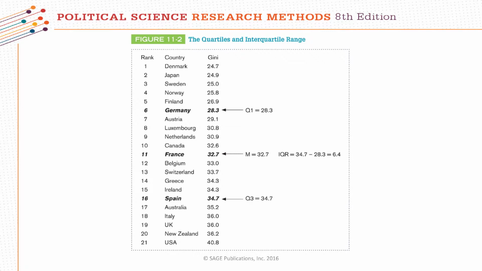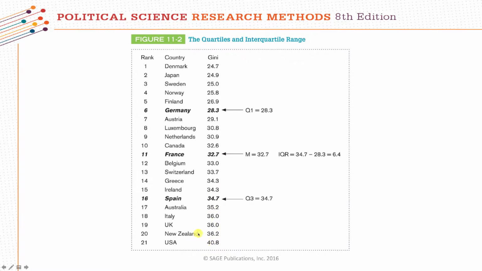Well, given that the interquartile range is 6.4, we understand that there's a relatively small window, a relatively small interquartile range. And so most states are lumped in around 32, with a very moderate gap there, 6.4. And so in some sense, the United States' score down here of 40.8 now demonstrates itself to be, interestingly, quite outside of what we would have expected. It's not anywhere near the interquartile range.